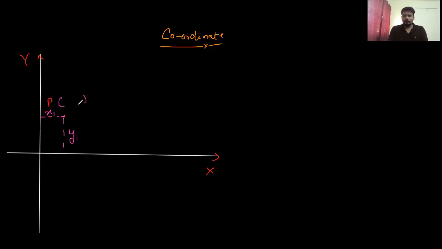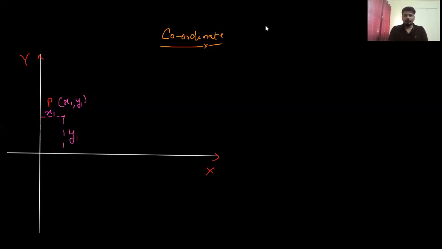Now, how do we write the coordinates? We first write x1, which locates its distance along the x-axis away from the y-axis, and then y1. So this collectively is called the coordinates of the point P. Fair enough?